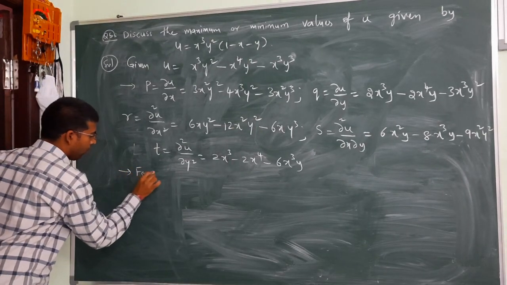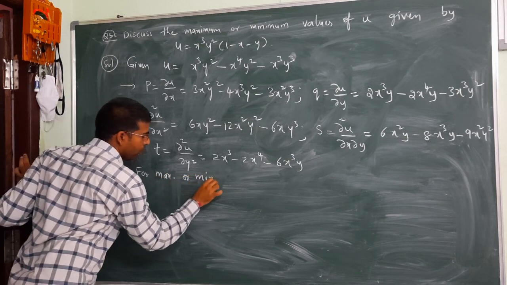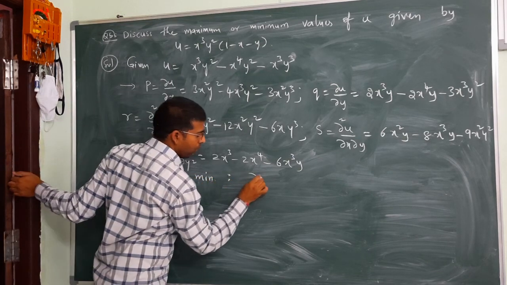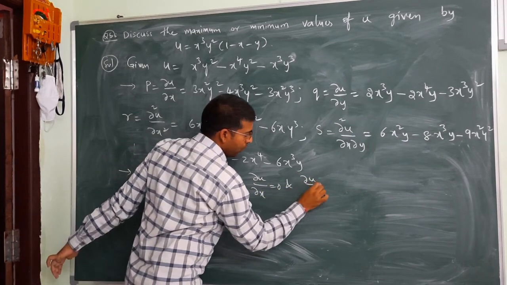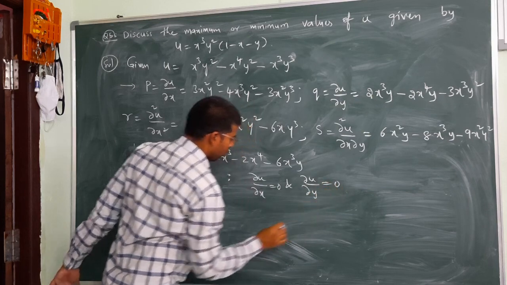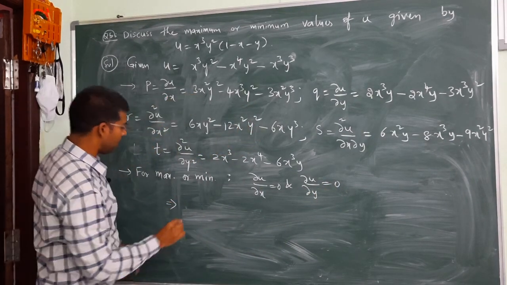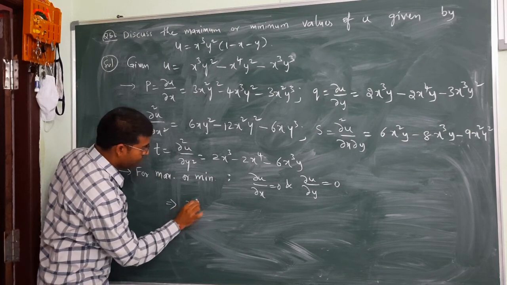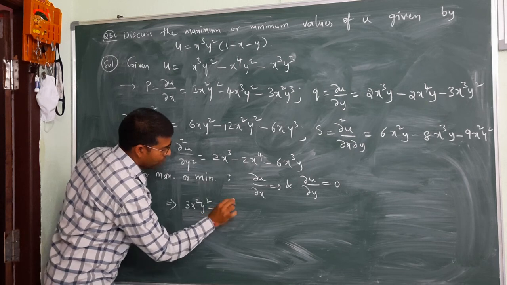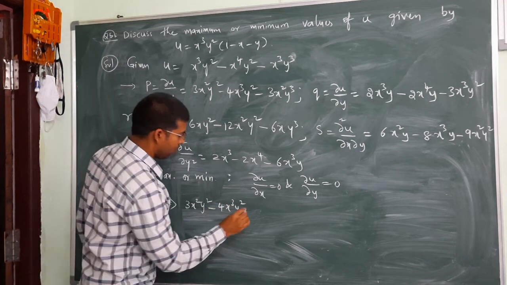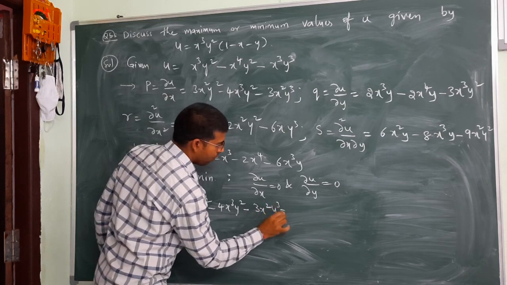For maxima or minima, what we need to do? Just solve the equations ∂u/∂x equal to 0 and ∂u/∂y equal to 0. So what is ∂u/∂x, sir? ∂u/∂x is 3x²y² minus 4x³y² minus 3x²y³ equal to 0.